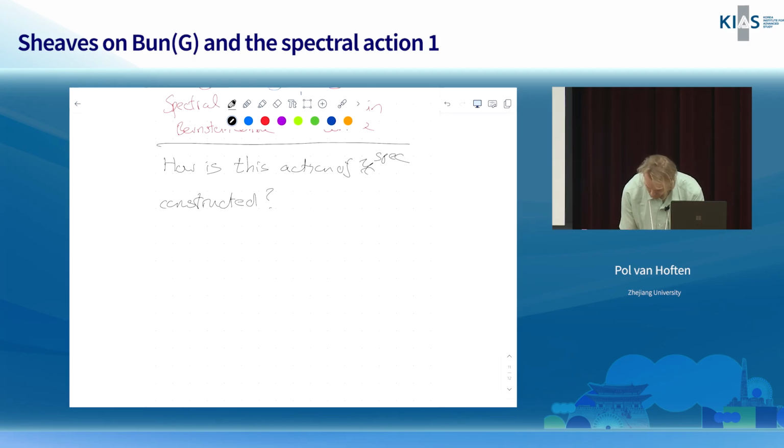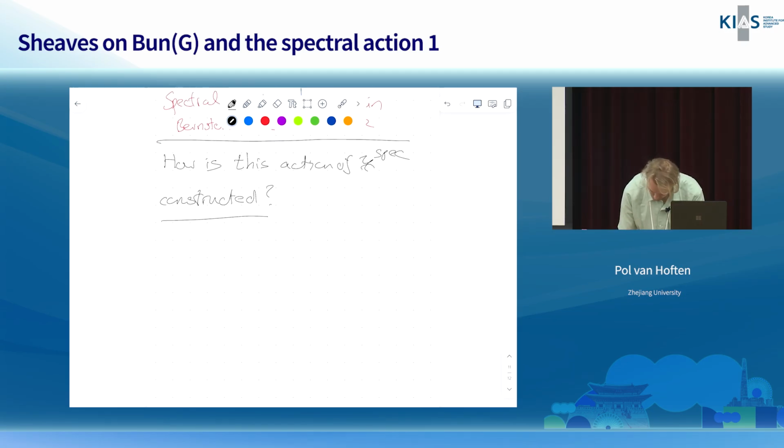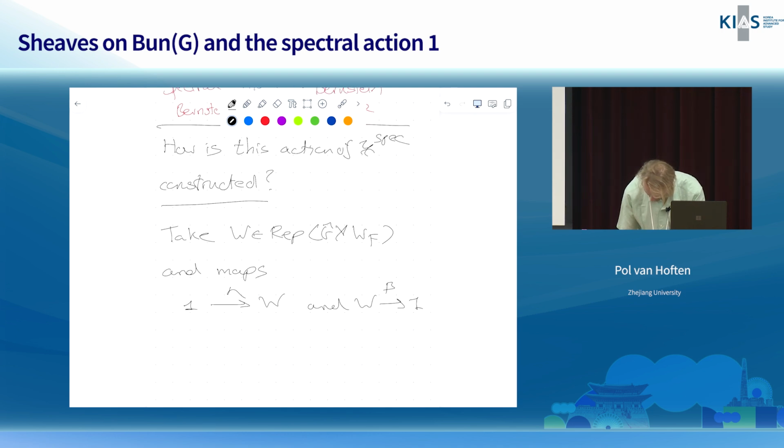So basically, the idea is that I take some W in Rep of G hat semi-direct product W_F, and I take maps 1 to W, alpha, and W to 1, beta, in Rep of G hat.